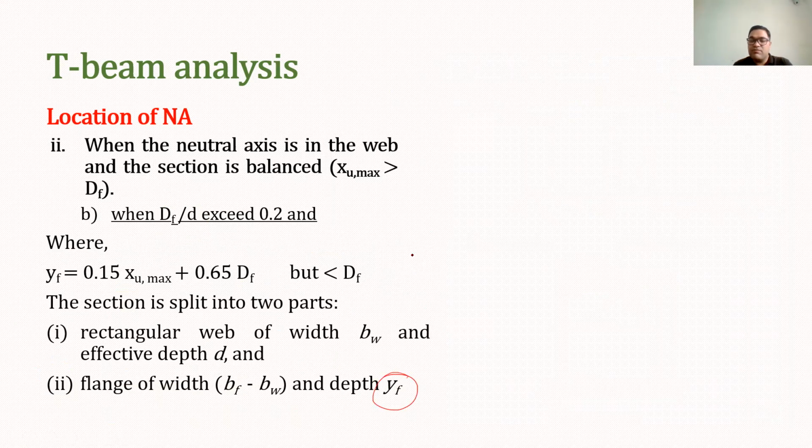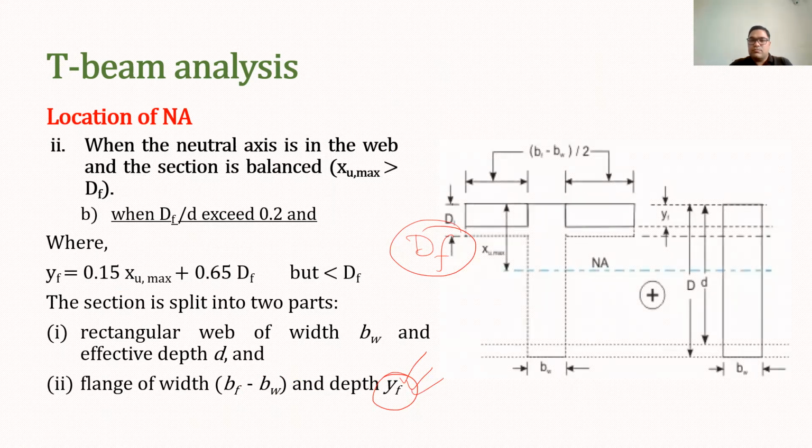In the previous case, we were taking depth as DF because stress in the whole flange was constant. But in this case, stress in the whole flange is not constant. It is constant up to a depth which we are referring to as YF. So that is why this time we will be taking depth as YF. So here you can see we will be considering only some part of the flange this time to calculate the moment of resistance.